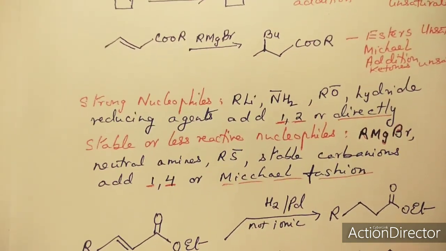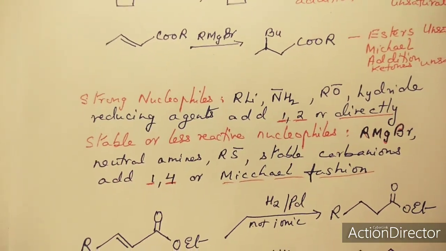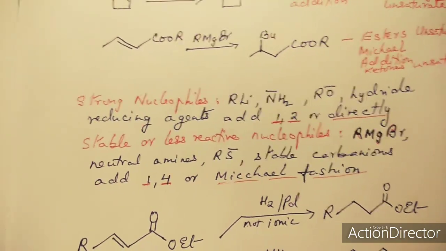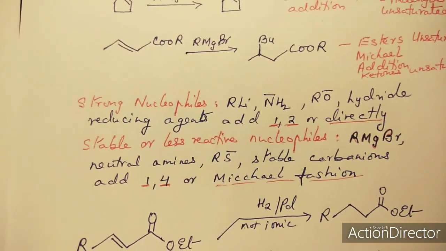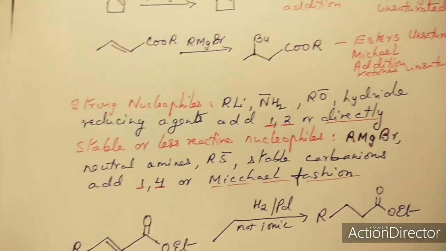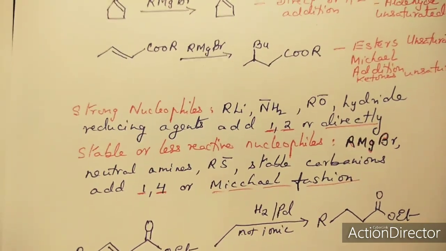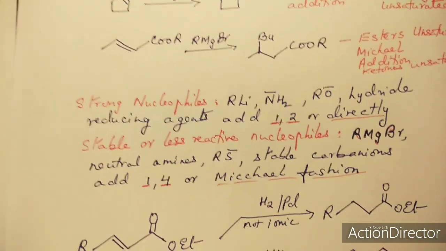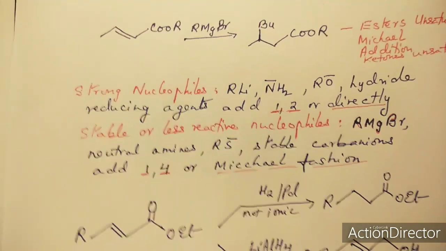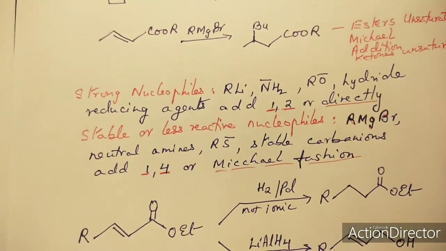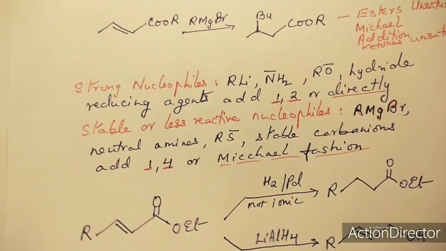So these are like amines, neutral amines, RS, and stable carbanions, and because they are stable, they will give the thermodynamic product. In other words, we will be getting the 1,4 or the Michael product. Michael addition will take place.